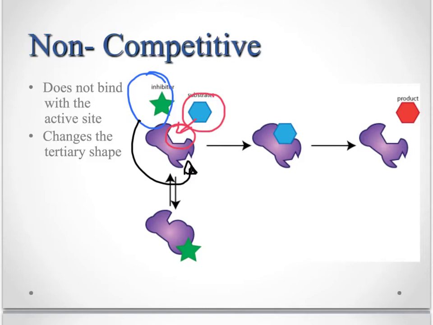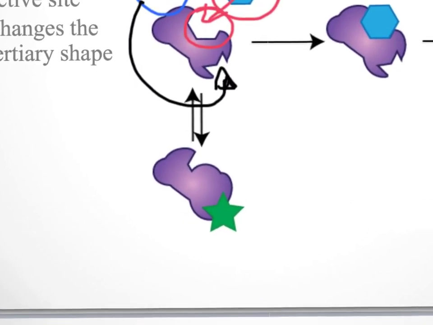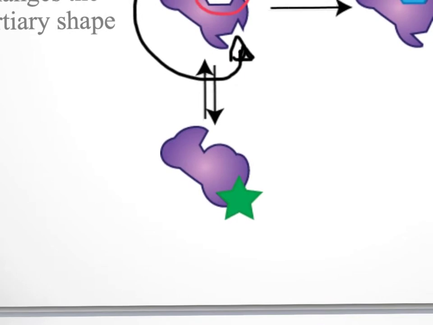In this case, once the non-competitive inhibitor has affected our enzyme, we can see here, if we zoom in slightly, that it no longer has its nice neat hexagonal shape.